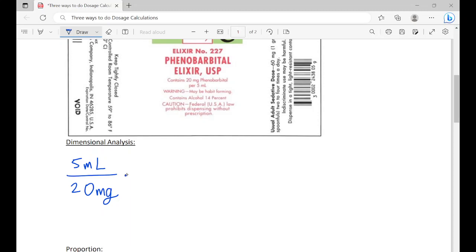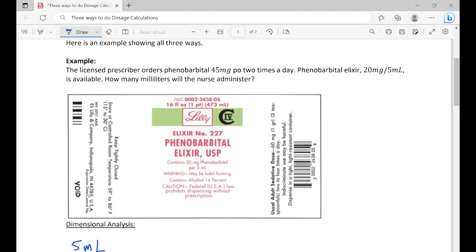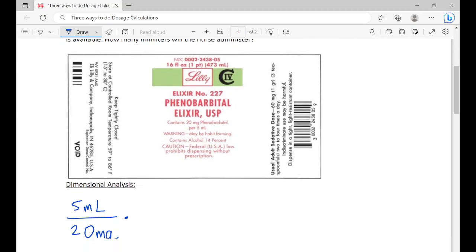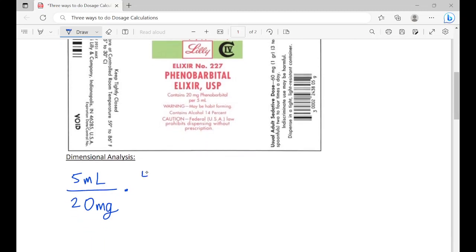Now we're going to multiply it by the unit that will get rid of the milligrams because we want only milliliters left over. And what we have here is 45 milligrams. So we're going to multiply it by 45 milligrams over 1.